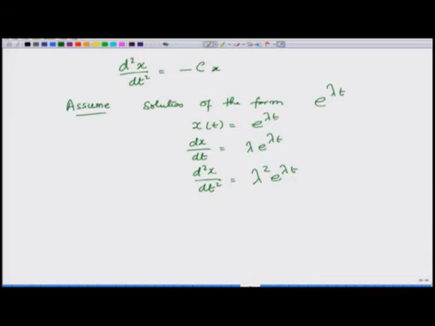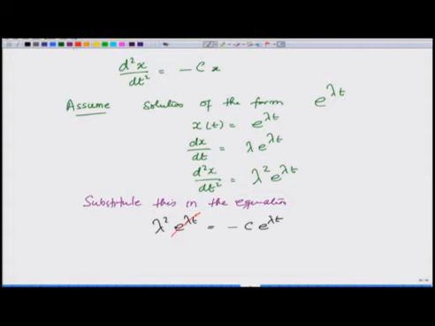Substitute this in the equation, and then what do you get? Lambda square e raised to lambda t is equal to minus c times e raised to lambda t.